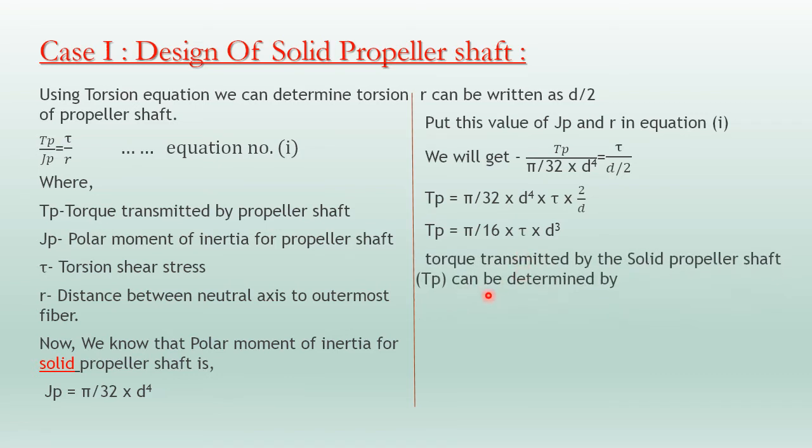Now torque transmitted by the solid propeller shaft can be determined by Tp equal to Te into G1, where Te is engine torque and G1 is maximum gear ratio.